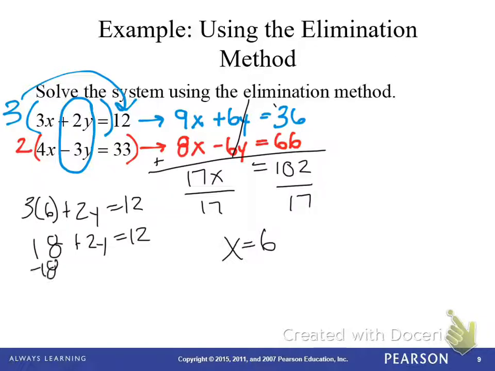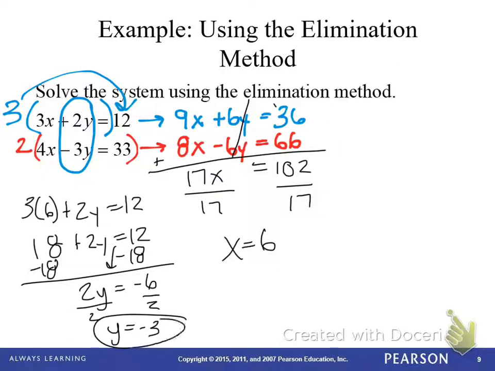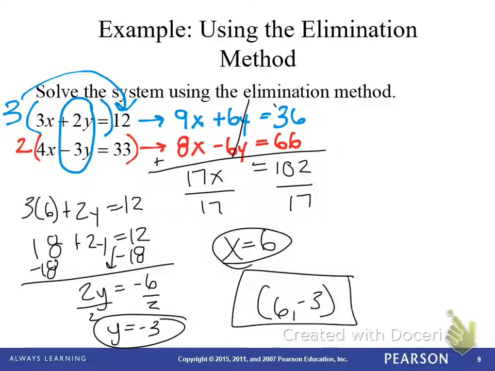Subtracting 18, I'm going to have 2y equals negative 6. Dividing by 2, I get that y equals negative 3. So my point is 6, negative 3 for this system of equations.